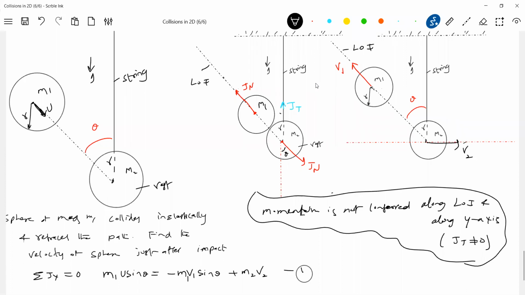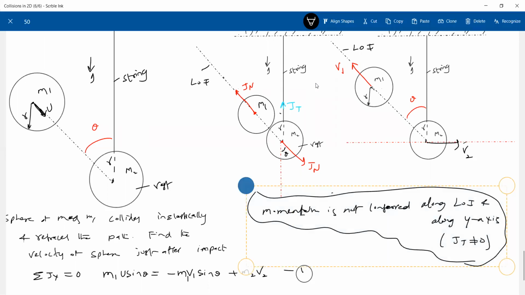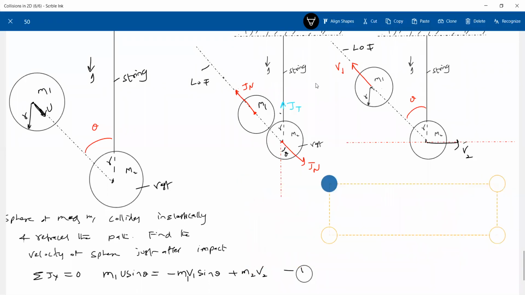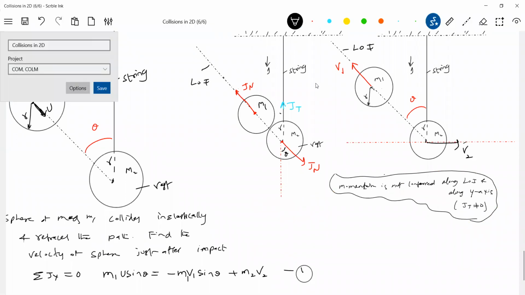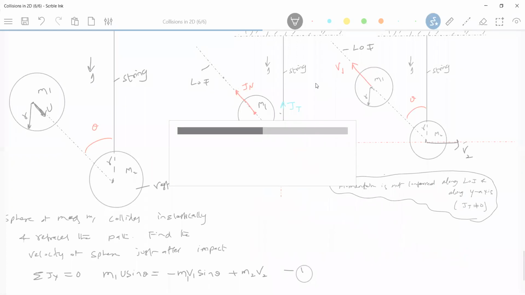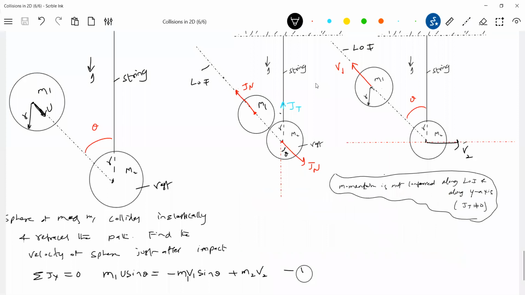So from where should I bring one more equation? I'll take help of the coefficient of restitution formula. According to it, what is e? You can write it as the velocity of separation along this direction. I'll define this direction as positive; you can pick any, let me take this as positive.